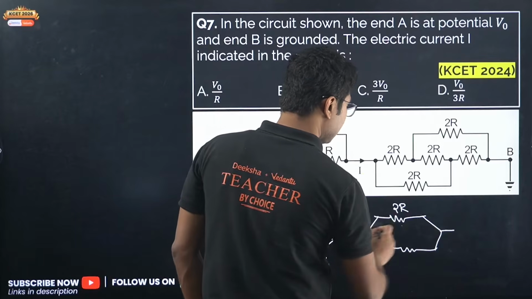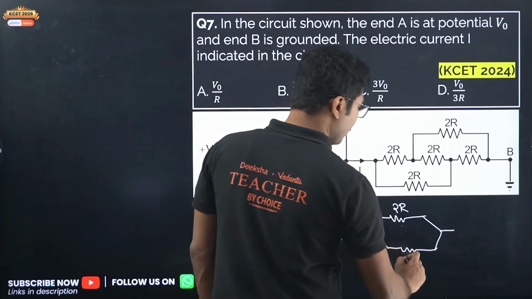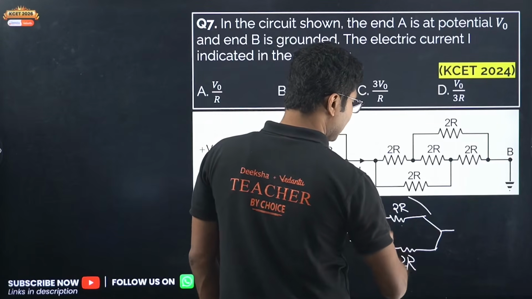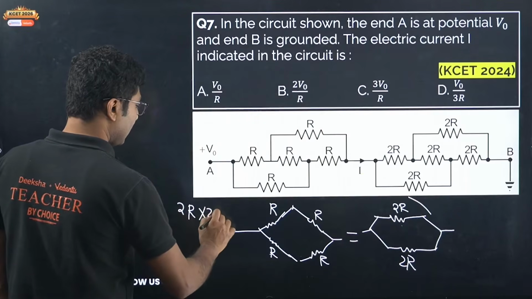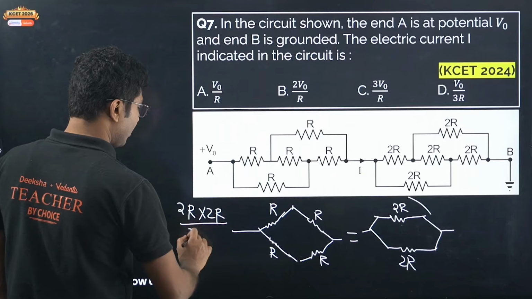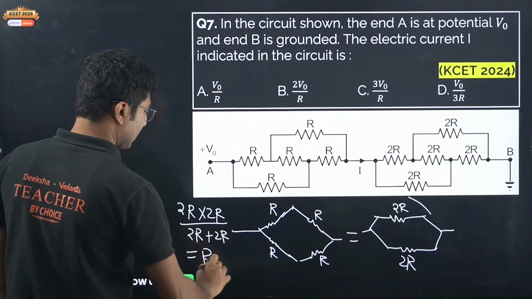You need to practice Wheatstone bridge related problems. So both of them are 2R. The equivalent resistance is 2R into 2R divided by 2R plus 2R, which turns out to be R.